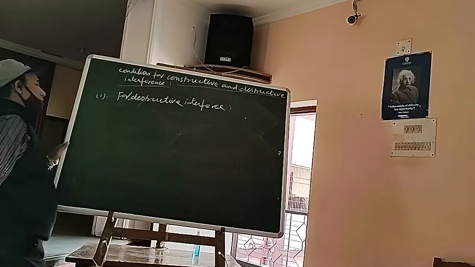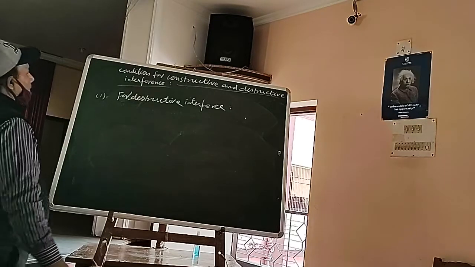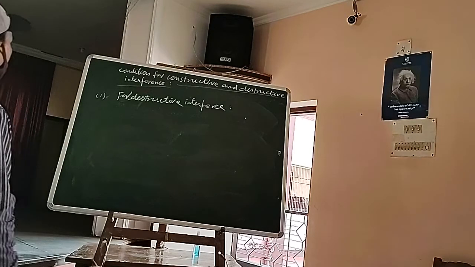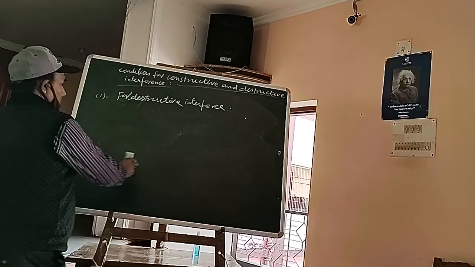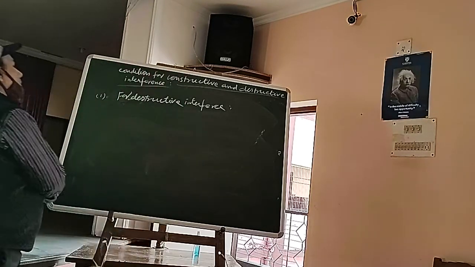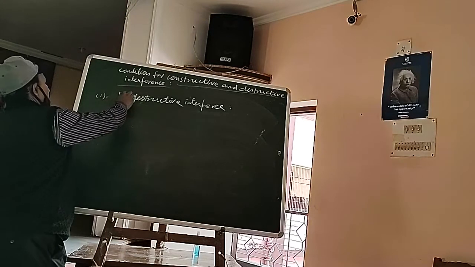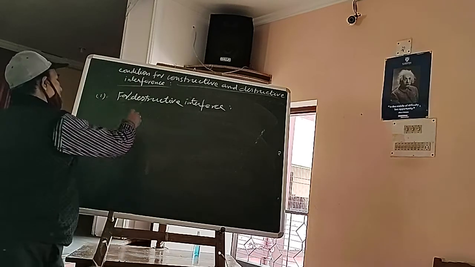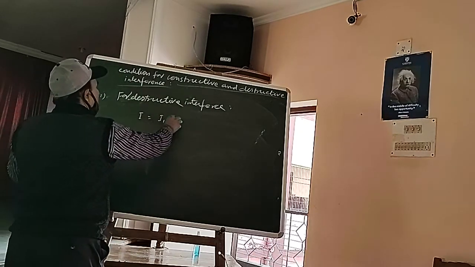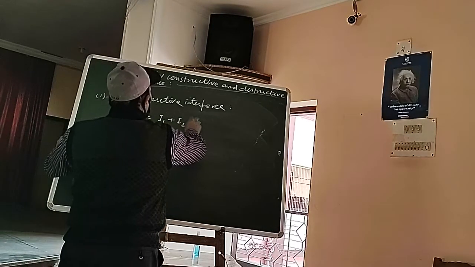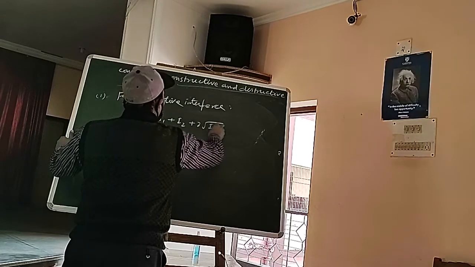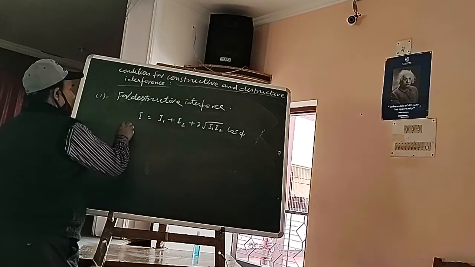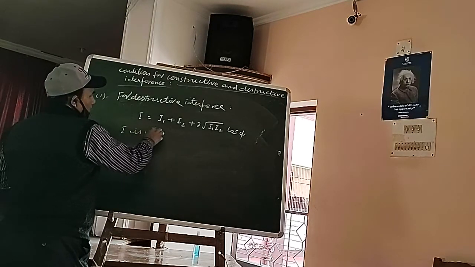For destructive interference, you can see here, since intensity of light I is equal to I1 plus I2 plus 2 root I1 I2 cos phi, intensity will be minimum, means I is minimum.